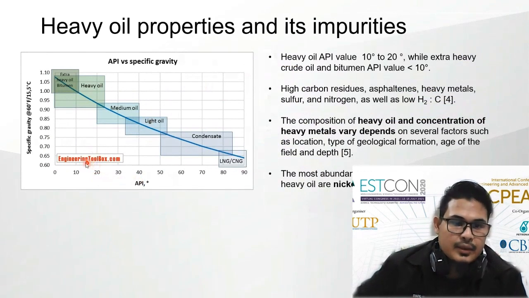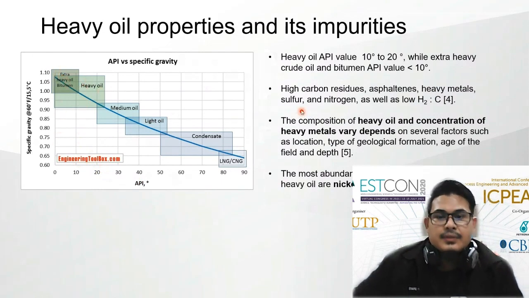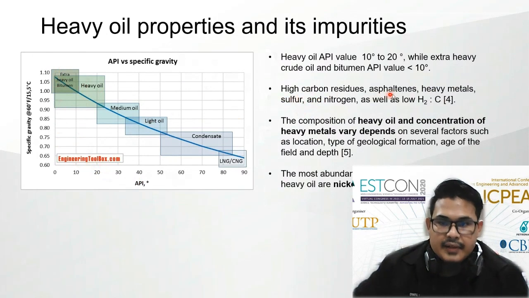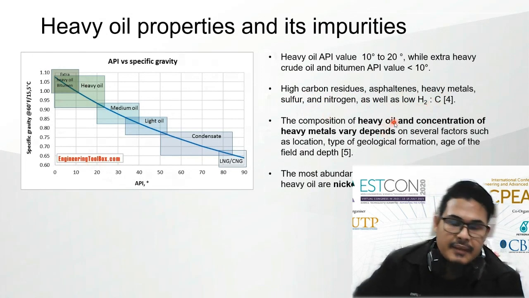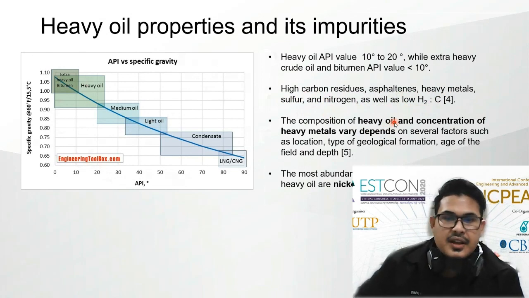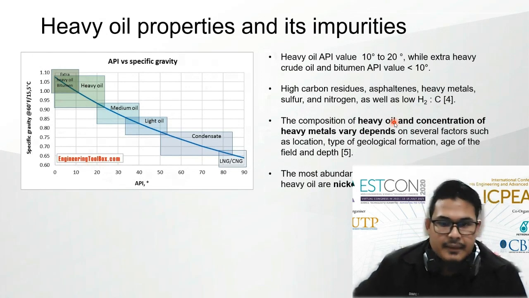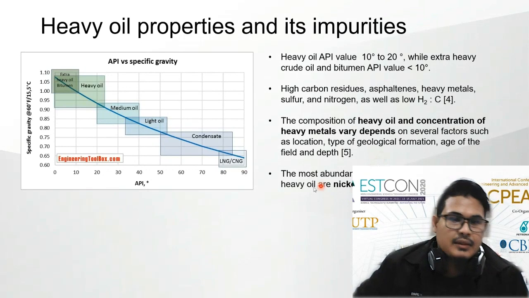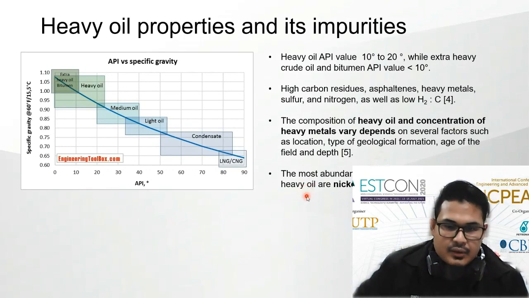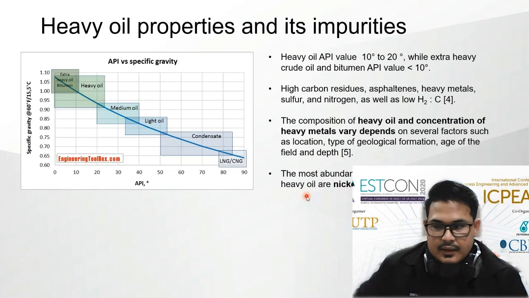Those with less than 20 are graded as heavy oil, and less than 10 as extra heavy oil, due to its high carbon content, asphaltene, heavy metal, sulfur, nitrogen, as well as low hydrogen to carbon ratio. The composition of heavy oil and the concentration of the metals greatly depend on the geological formation, location, age, and depth of the field. The most abundant undesired heavy metals are nickel and vanadium. These have to be removed before being sent to the refinery, because they can poison the catalyst and also cause corrosion.